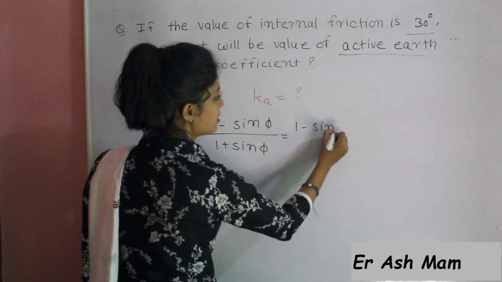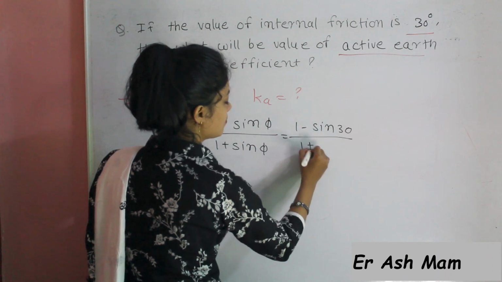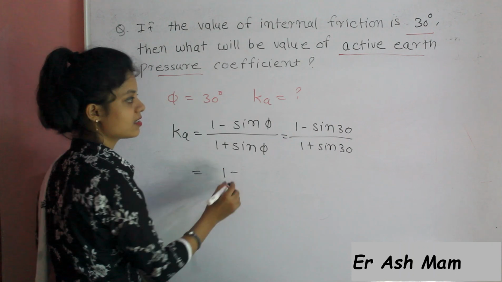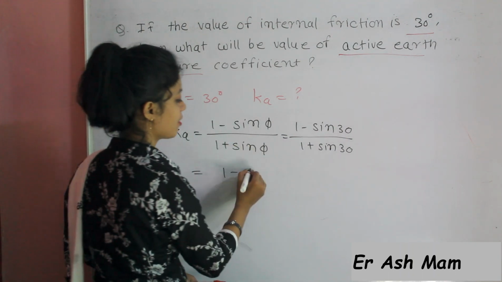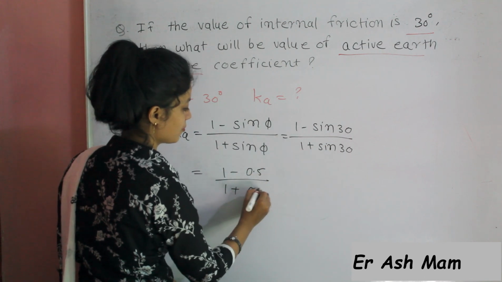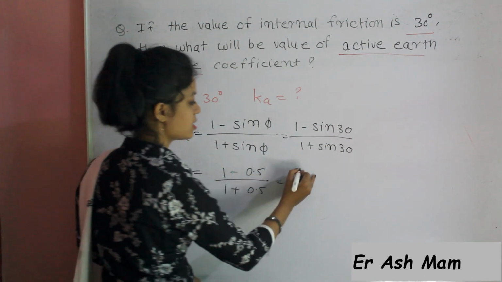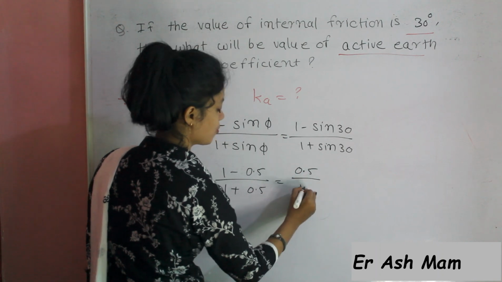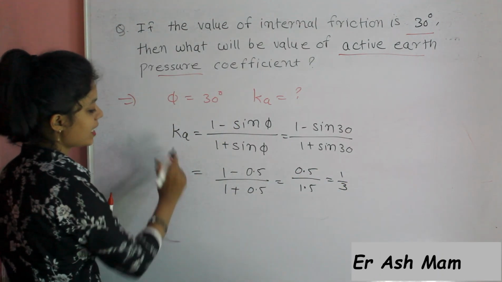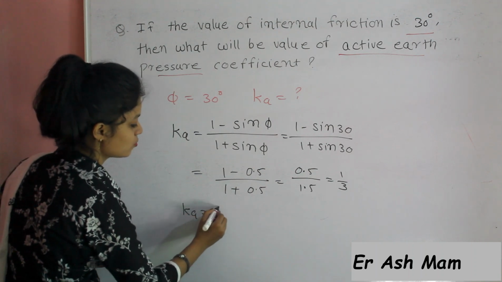So 1 minus sin 30 upon 1 plus sin 30. We know that sin 30 equal to 0.5. 1 minus 0.5 is 0.5 upon 1.5, which is equal to 1/3. Therefore, Ka equal to 1/3.